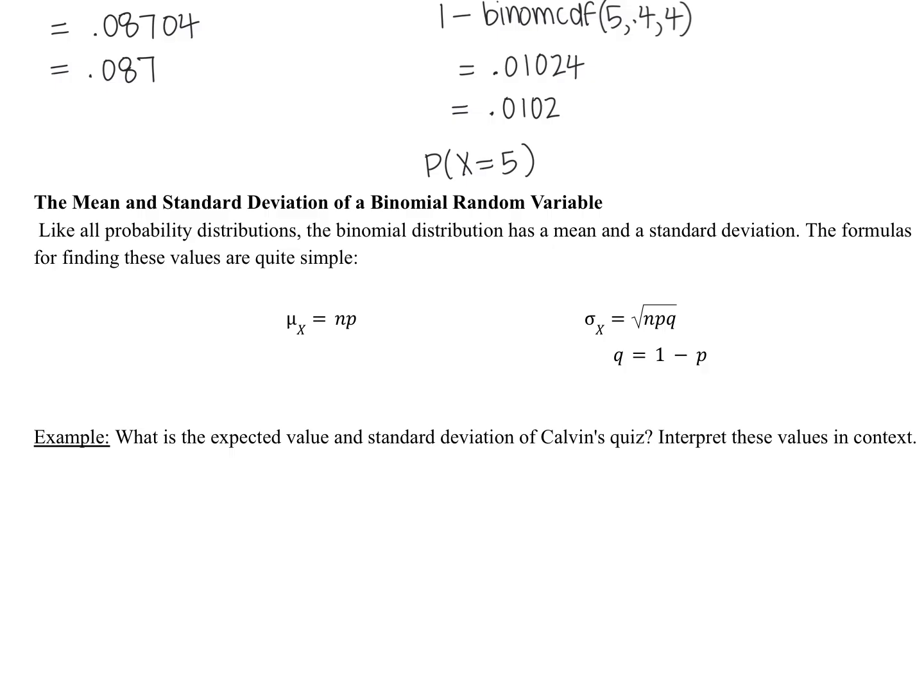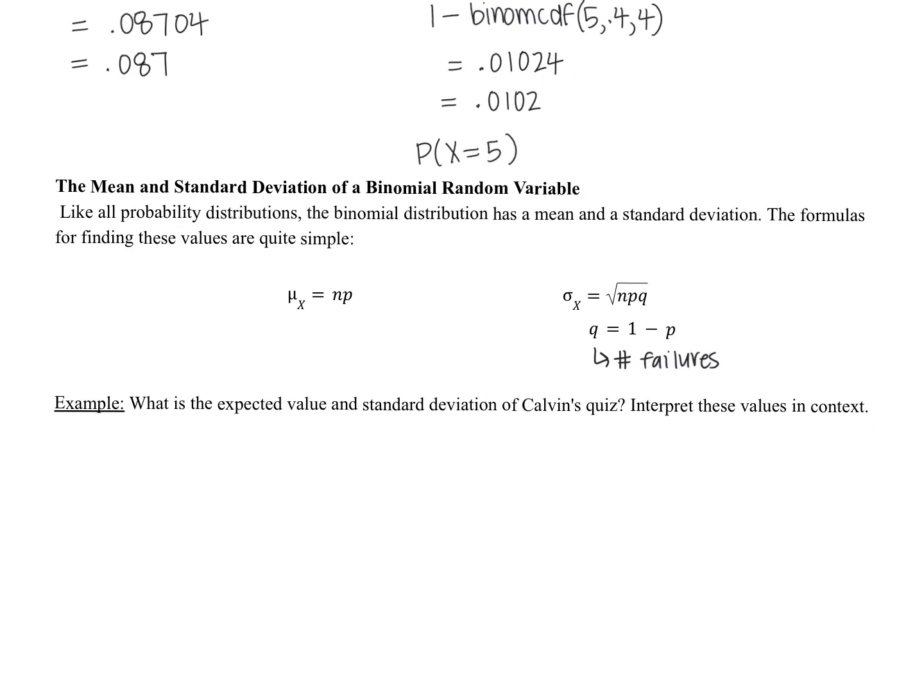Your standard deviation is then the square root of n times p times q, where q equals 1 minus p, your probability of failure. So it's the square root of your sample size times your probability of success times your probability of failure.